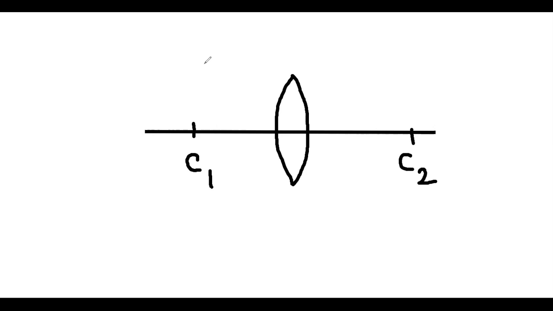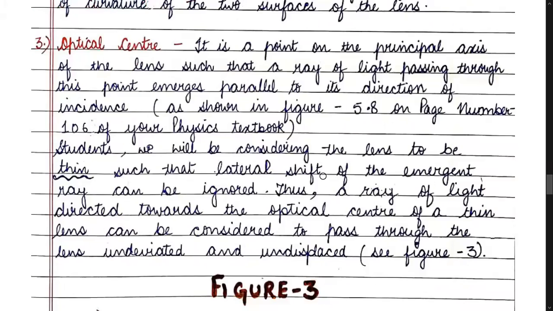So students, if we draw a line between C1 and C2, that line is known as principal axis. So the line joining the two centers of curvature in case of both convex and concave lens is known as principal axis. The third point is optical center.